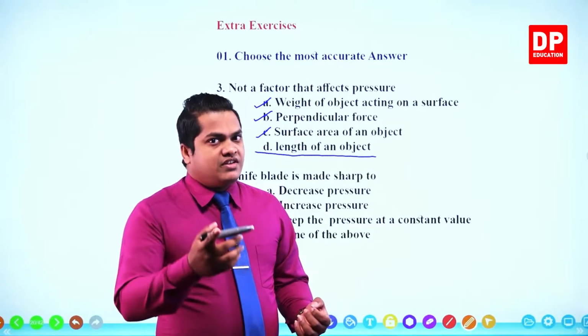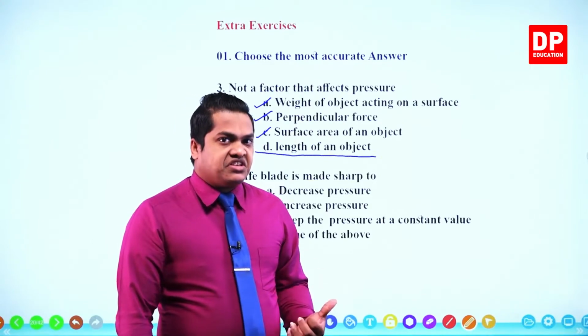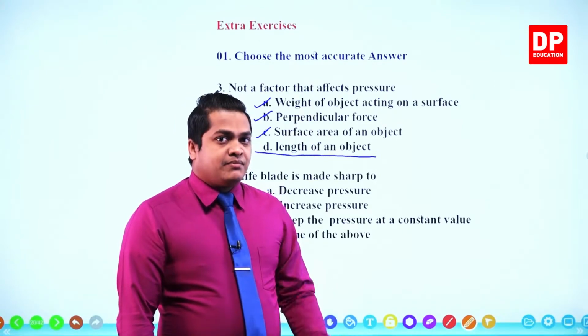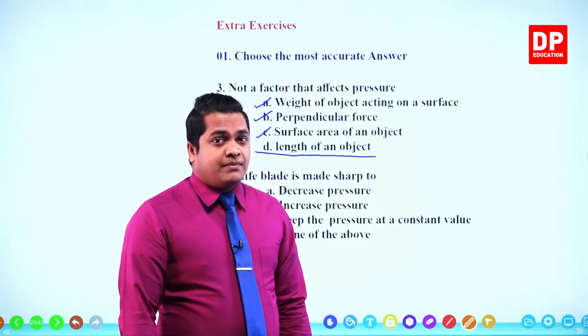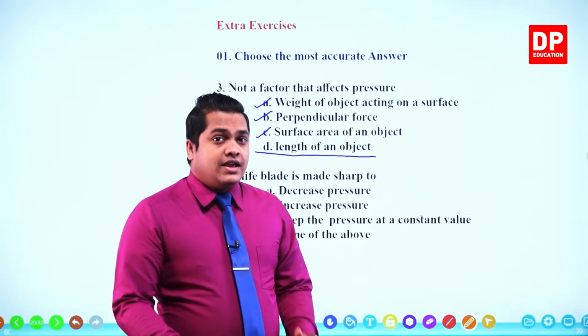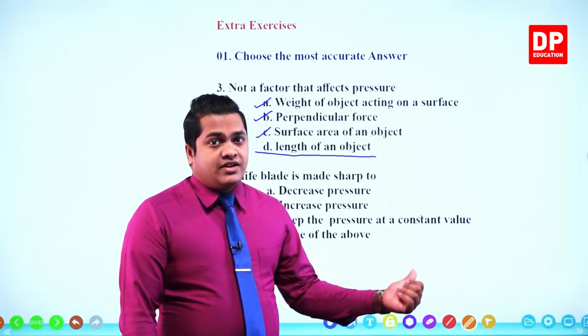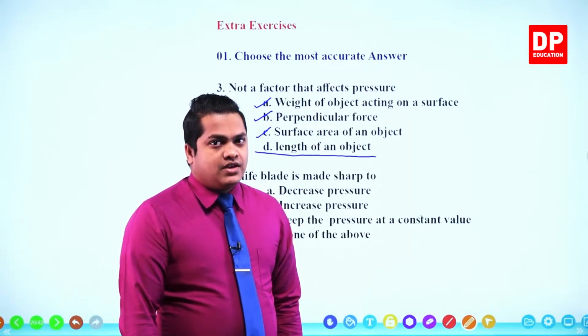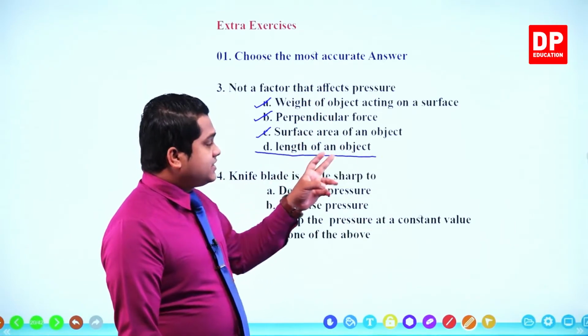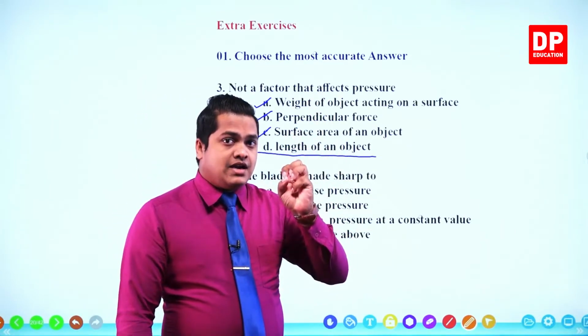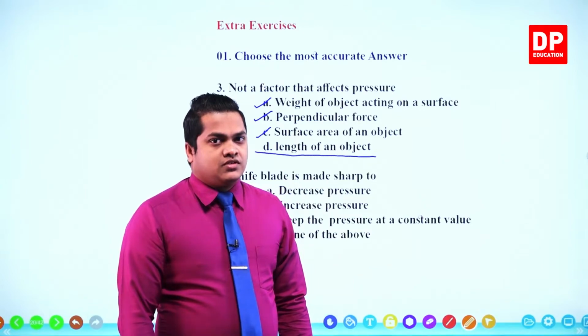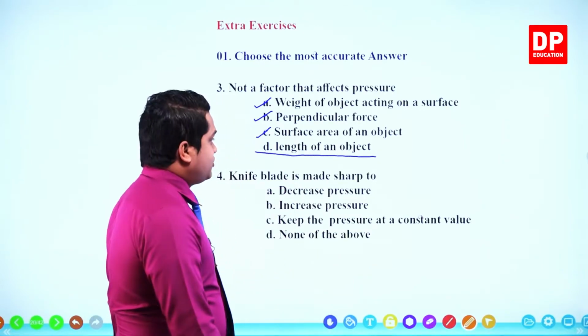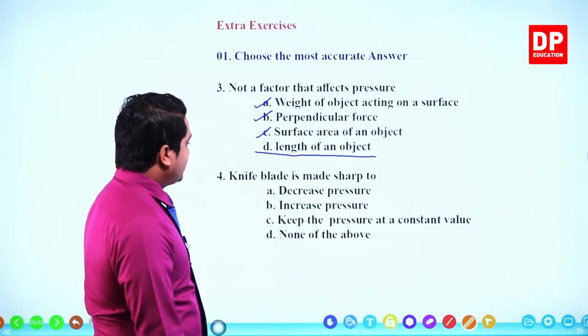But there is another factor called the breadth. Length and breadth, both factors are going to affect the area. So therefore, it's not directly related. So the answer should be the length. All of these 3 other factors are referring to an area or else to a force. So my dear children, the correct answer should be the 4th one.